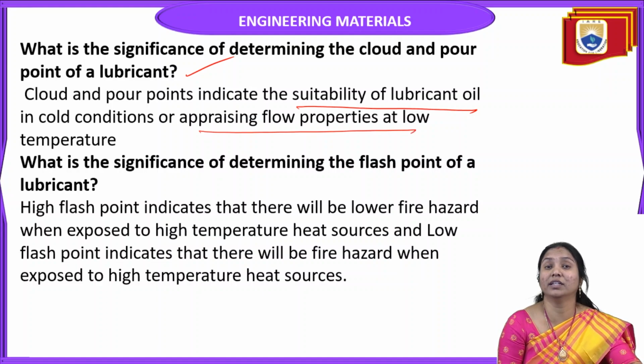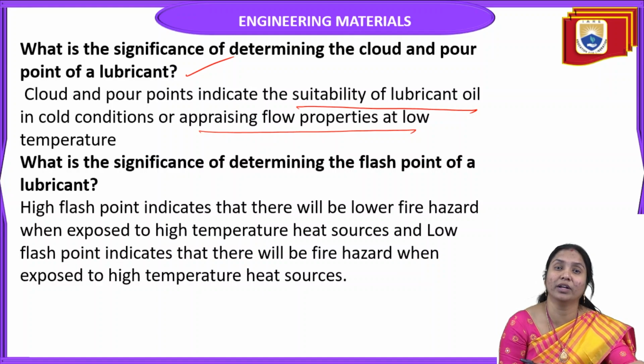So mainly the significance of determining cloud point and pour point of a lubricant is most important, because which type of lubricant is suitable for cold conditions, cold weathers. Otherwise it jams the machines and reduces the efficiency of machines. So determination of this cloud point and pour point of lubricant is most important.